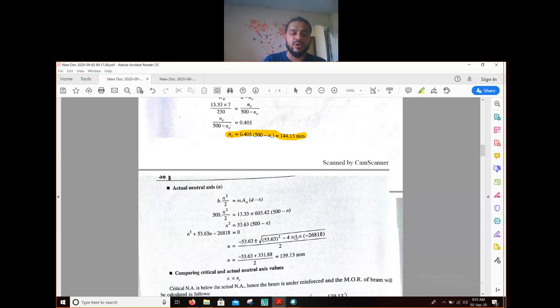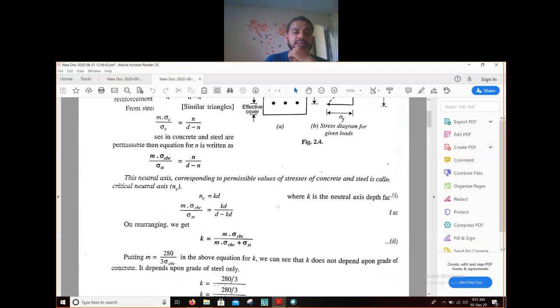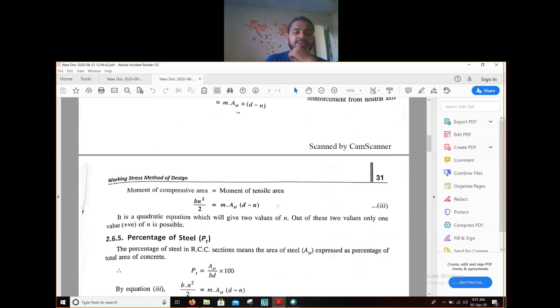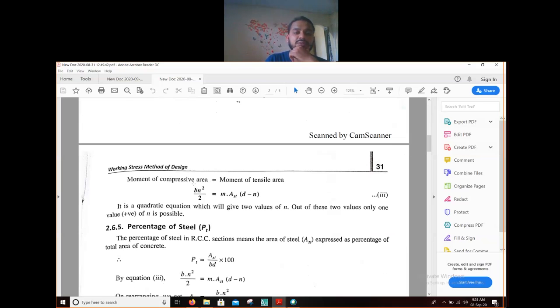For finding out the actual neutral axis, we have this formula: b into n square by 2 equals m Ast into d minus n. I have shared this formula in the last class PDF.